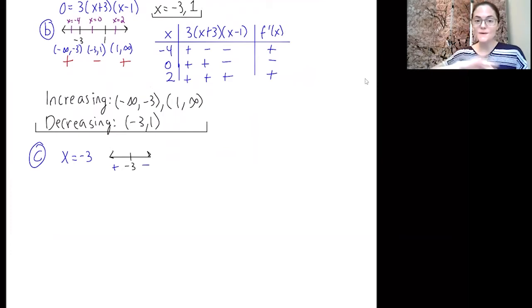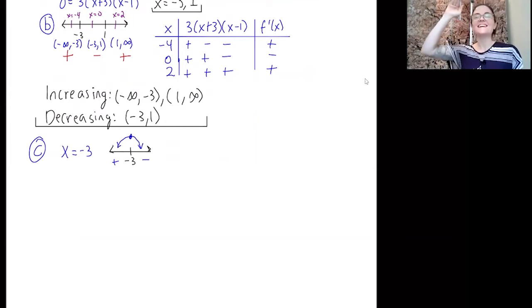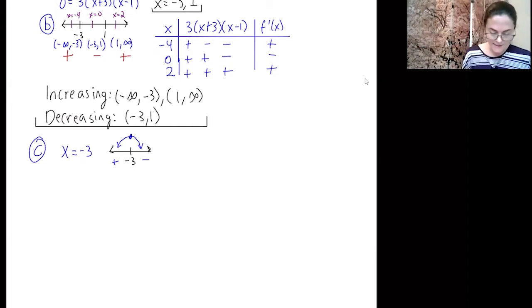And so what I do is I just sketch. What must the function look like? Well, it's increasing, horizontal tangent, decreasing, something like this. This is not that great of a picture, but you get the point. We are increasing and then we are decreasing. What must occur? Well, look at it. We see a local max. So we have a local max at x equals minus 3.